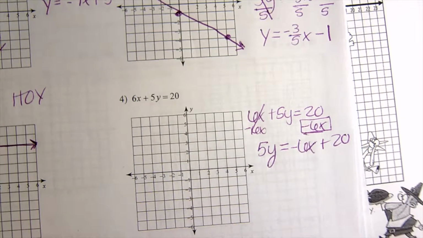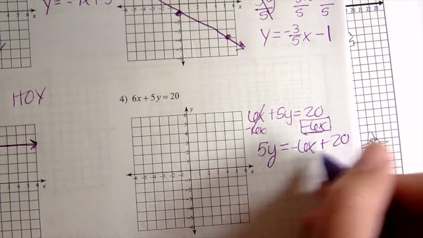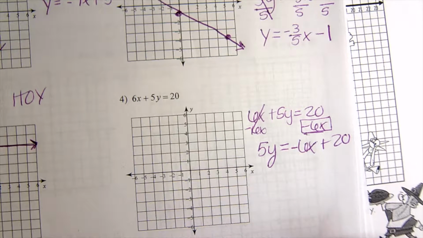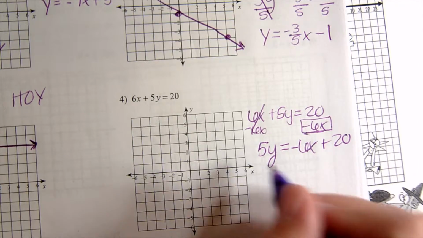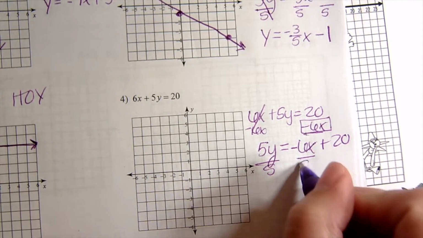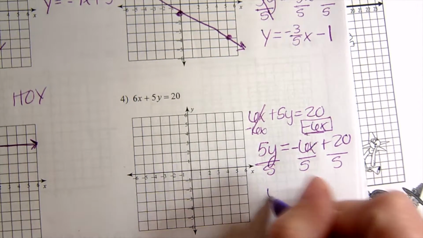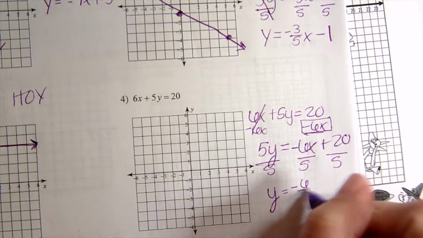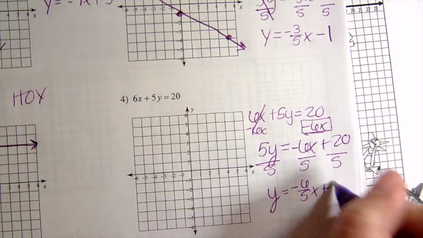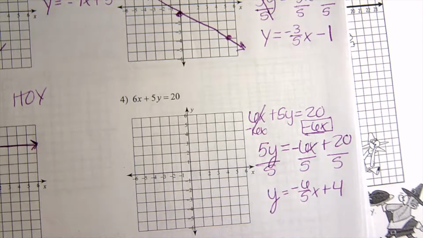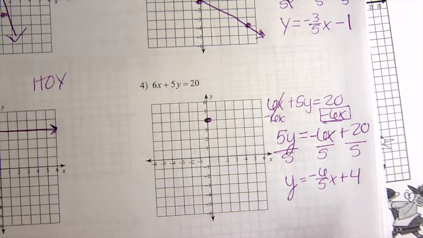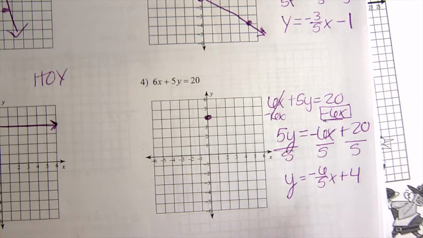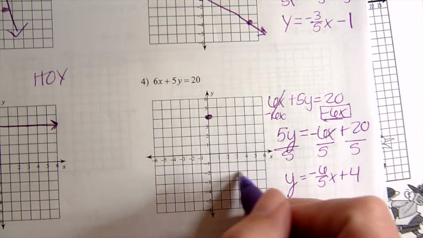And I'm putting the 6x in front because it's y equals mx plus b. And then what do I do next? Divide by 5. So y equals negative 6 over 5x plus 4. What is the intercept? 4. And then where do I go from there? Down 6 over 5.